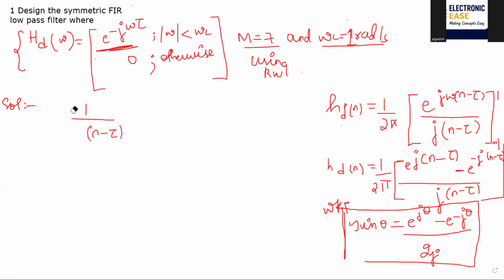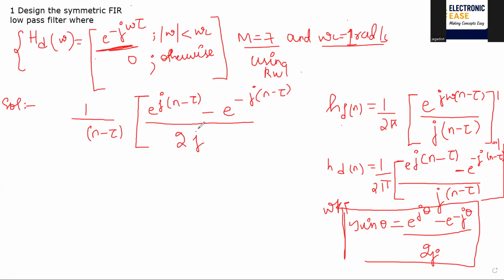So I will be left over with e to the power of j into n minus tau minus e to the power of minus j into n minus tau, divided by 2j.